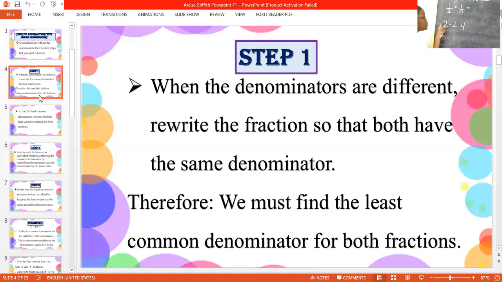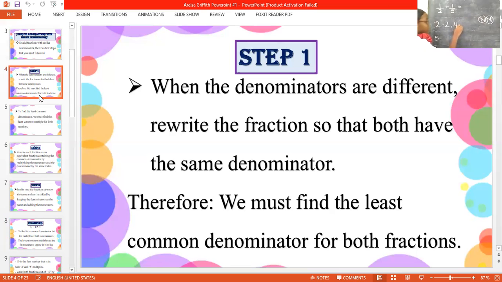How many times can 2 be divided into 4? Use your counters, or your strokes. If you have 4 strokes, how many groups of 2 can we get from these 4 strokes? 1, 2, right? Or you can circle it, 1, 2. So we can have 2 groups from these 4 strokes. So 2 can be divided into 4 two times.